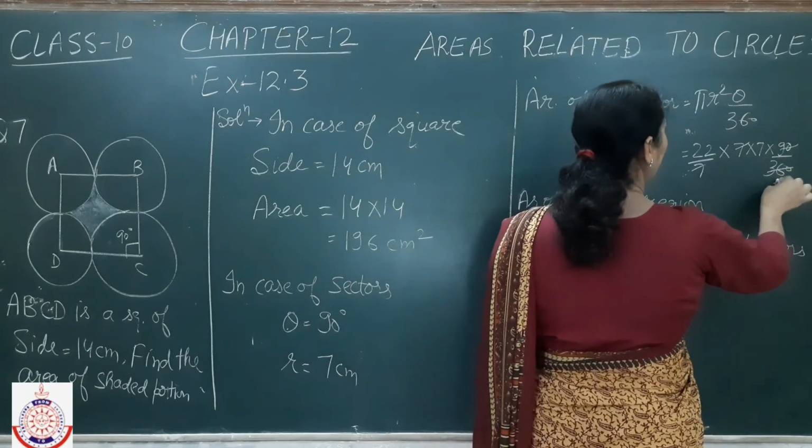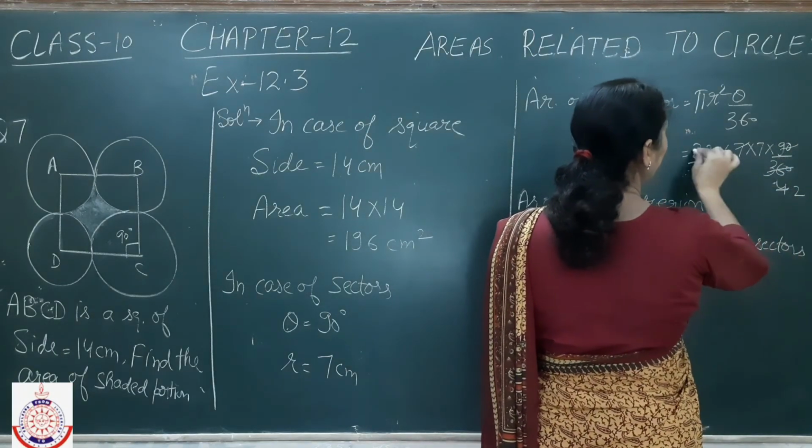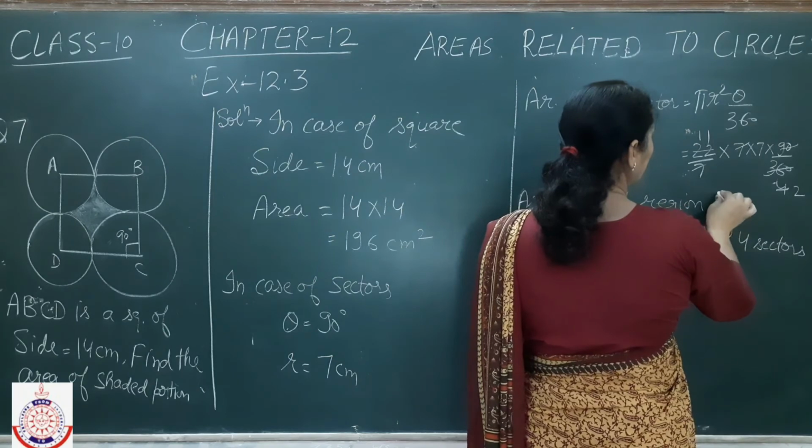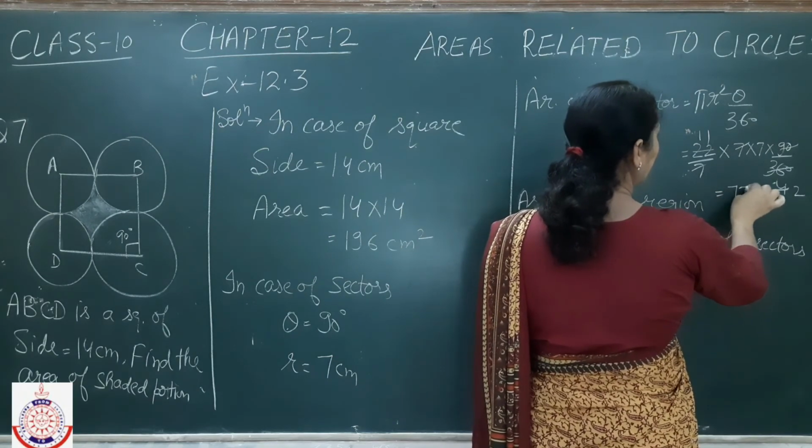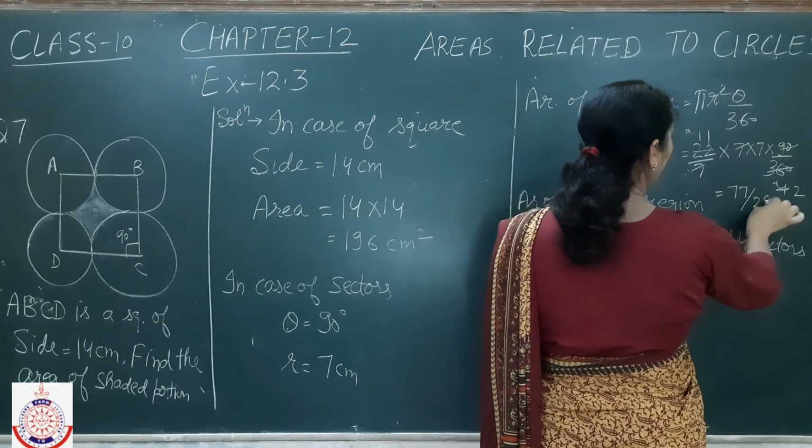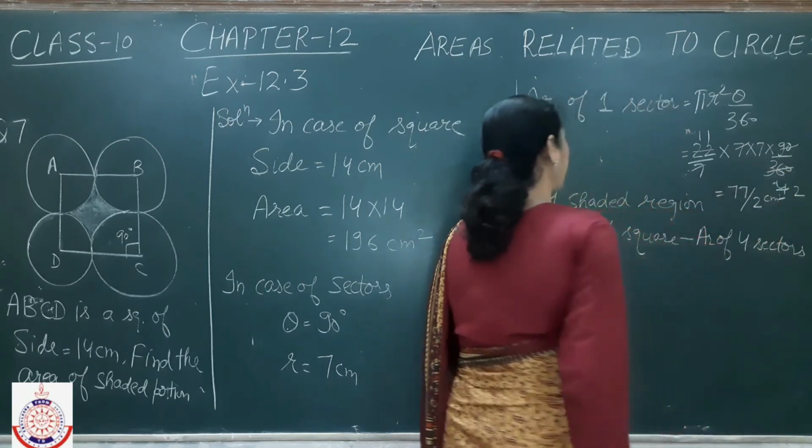So we have obtained this area as 77 upon 2 centimeters square.